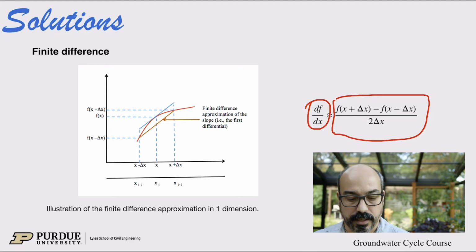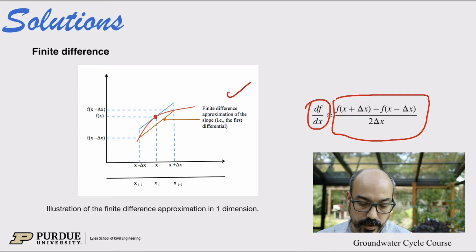And the graph on the left hand side shows you why that is. Let's say we want to approximate the differential df dx of that function f of x. We know that df dx is basically the slope or the tangent of the function at that point. This is just from remembering our basic math.